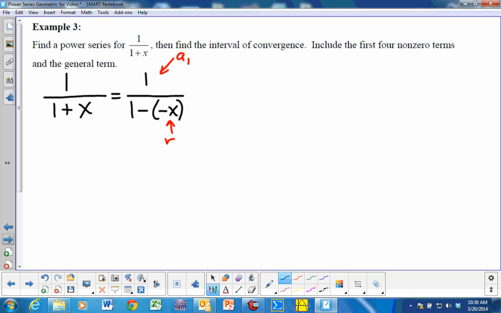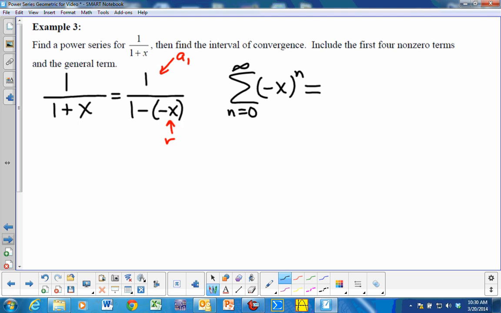So if we use that idea, it's very quick for me to write this series out because I recognize that r is just minus x raised to the n, and the first term is 1. And I start with 0, and there we go. And I've written the general term already. Now, if I want to write the first 4 non-zero terms out, I just have to plug in 0.